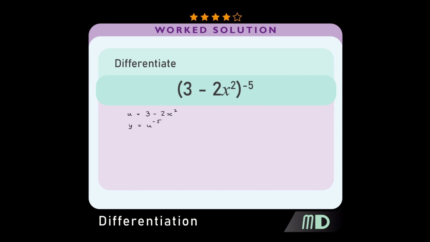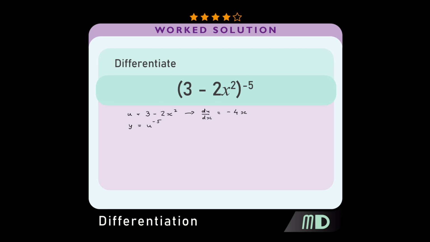To find the derivative of minus 2x squared, we need to multiply by the power, then reduce the power by 1, which gives us minus 4x. So du by dx is equal to minus 4x.